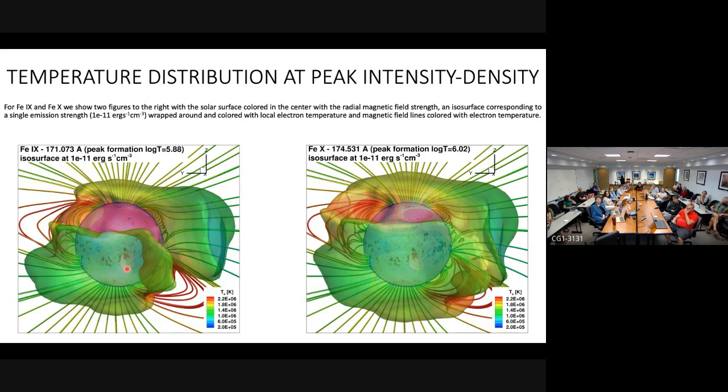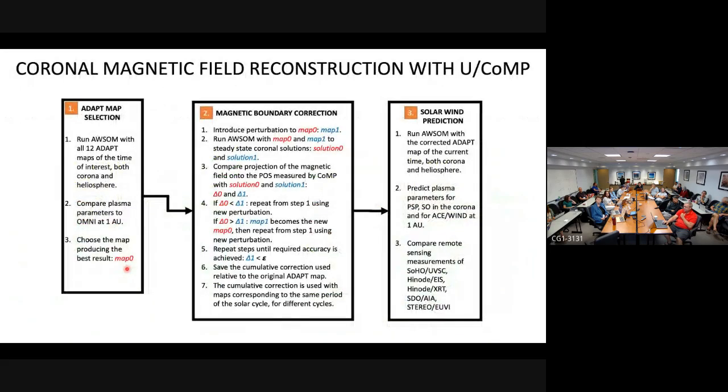That's my mission. And what I'm trying to use, I originally tried to use COMP for, and now it will be UCOMP, is reconstructing the coronal magnetic field. So the idea is that we have a very strong dependence in our model on the observed radial magnetic field that is in the single input, basically.